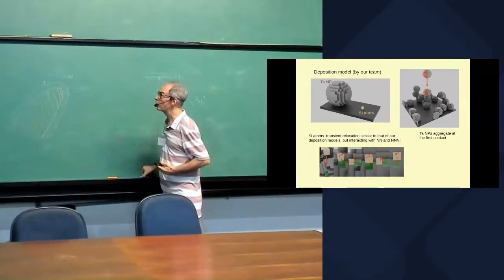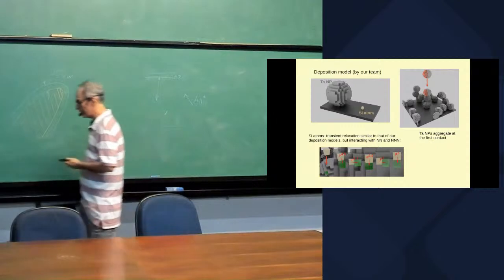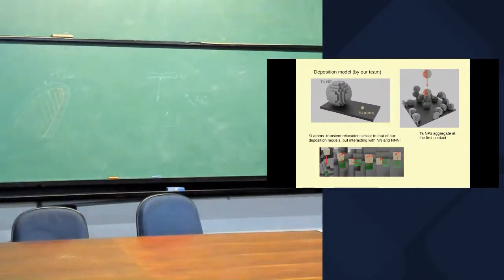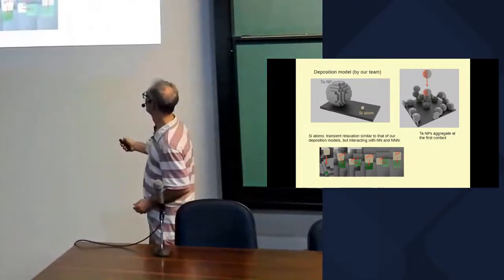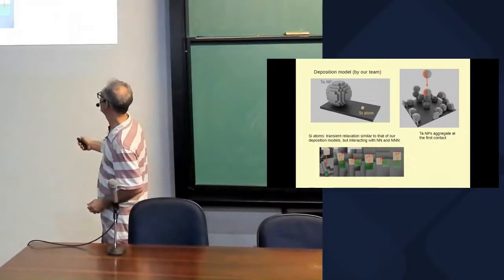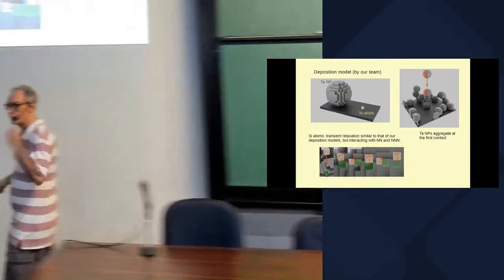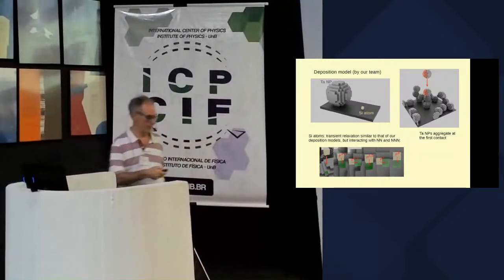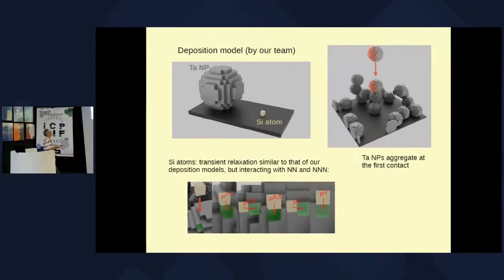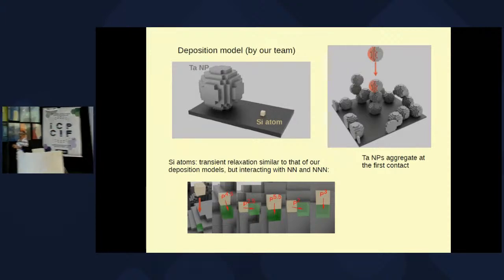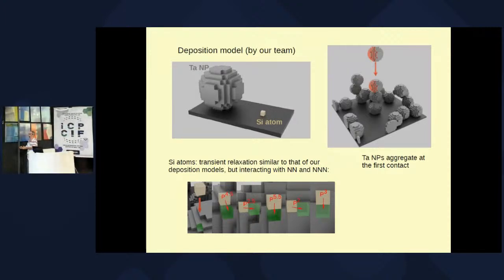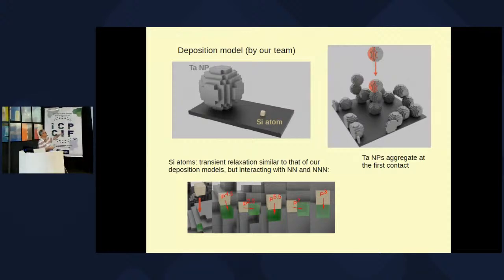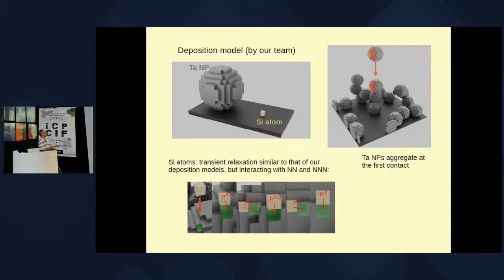So during this process, the atom can move to nearest neighbors or next nearest neighbors with some probabilities for these hops. And these probabilities of hops depend on the local neighborhoods. The larger the number of neighbors, the lower the probability of executing a hop. So this is an illustration of the different hops at different points.